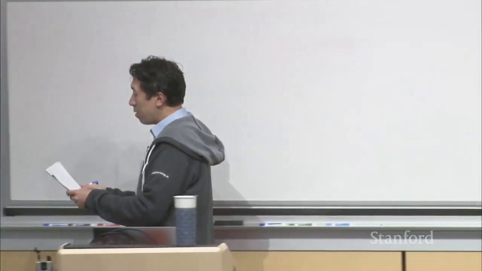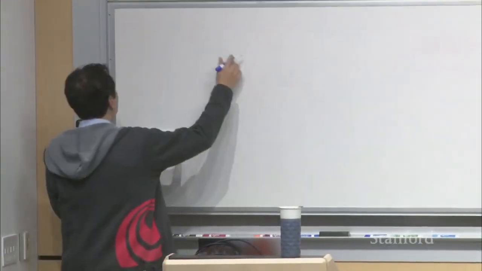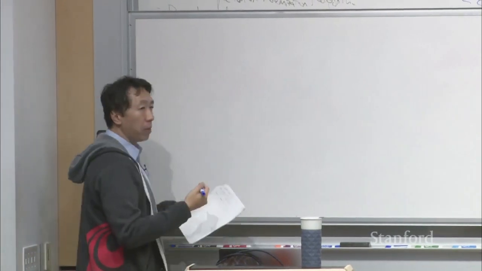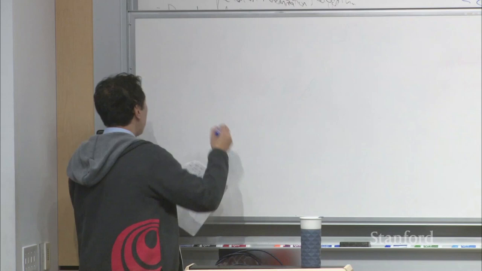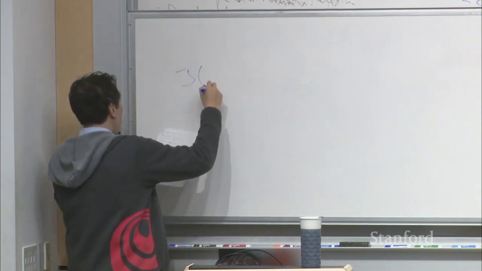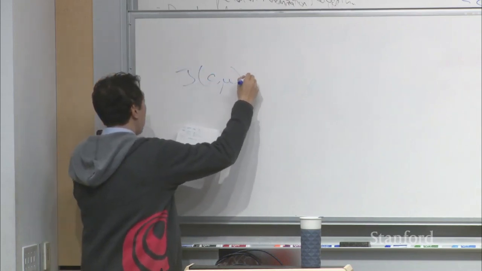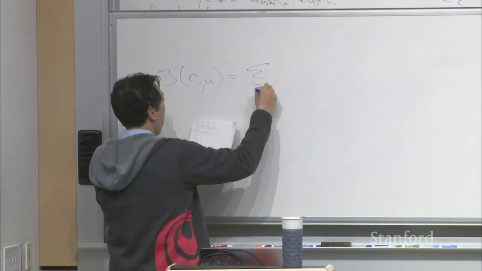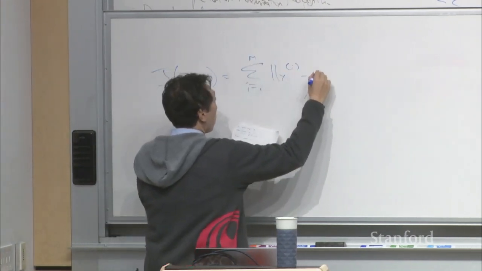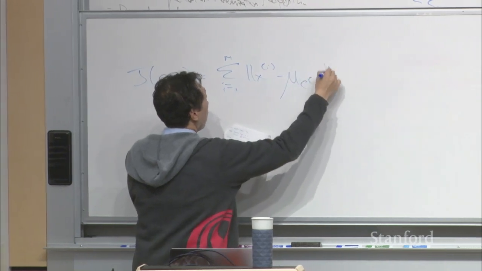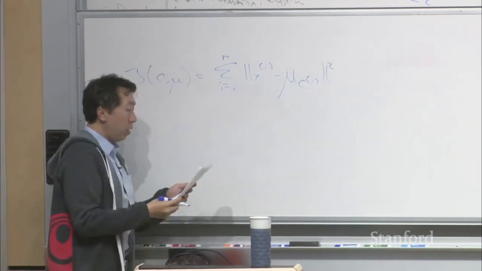All right, so it turns out that this algorithm can be proven to converge. Exactly why is written out in the lecture notes, but it turns out if you write this as a cost function, right?